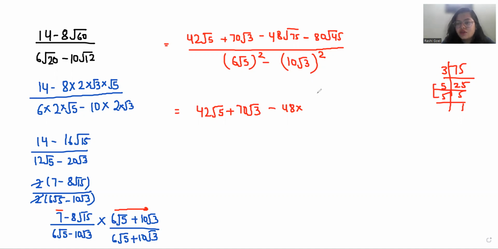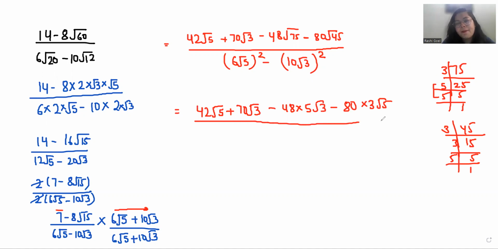So 5 came outside, root 3 minus 80 root 45, if I write 3, 15, 3, 5 and 5 times 1, so 3 will come out, root 5, by 6 root 5 square. 6 square is 36 and 36 times 5 is 180 minus 10 square is 100 times 3 is 300.